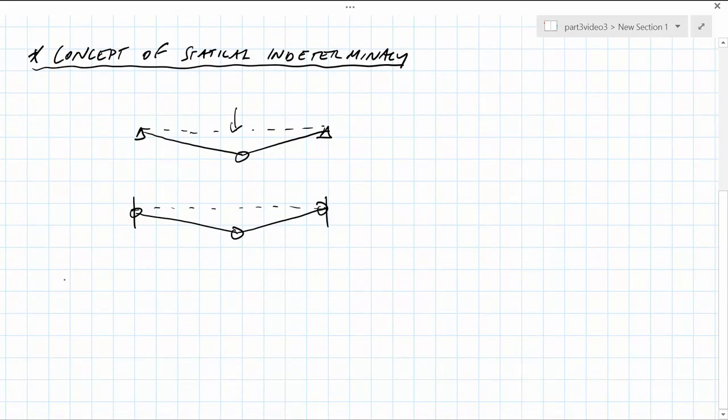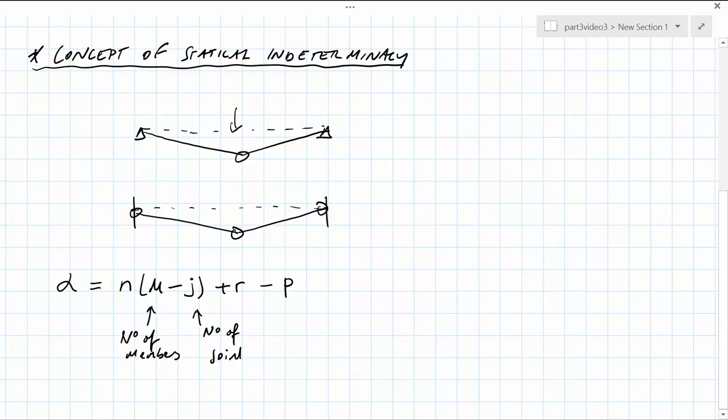We say that the degree of statical indeterminacy is given by alpha, and this is equal to n times m minus j plus r minus p, where m is the number of members in the structure, j is the number of joints, r is the number of reactions, and p the number of pins.